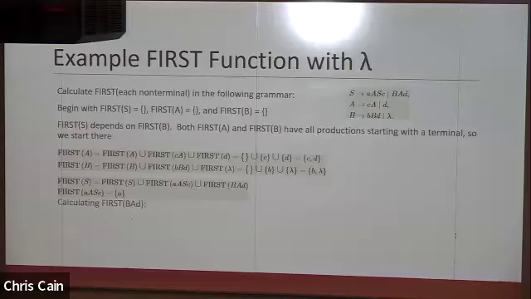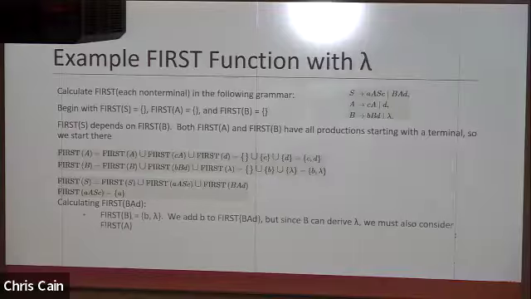So calculating first of BAD, we see first of B is B and lambda. We add B to first of BAD, but since B can derive lambda, we have to consider first of the next character as well. The next character is the non-terminal A. We've already calculated that as C and D, so we will union that.